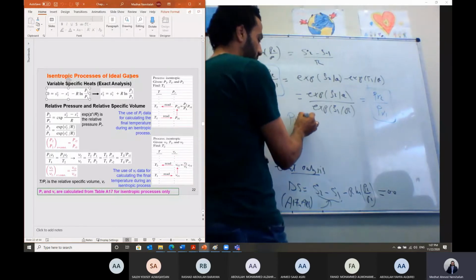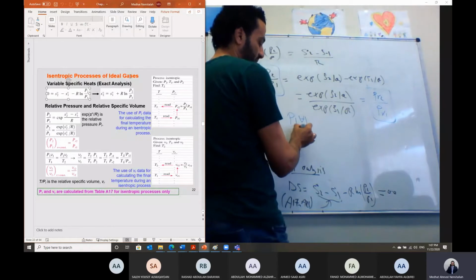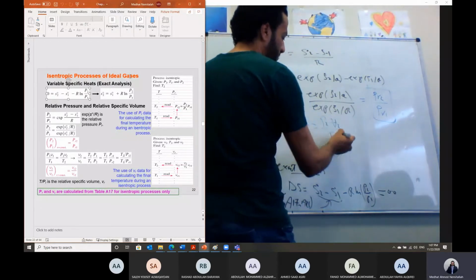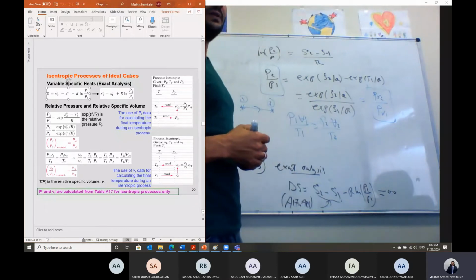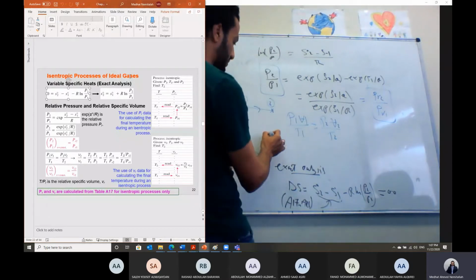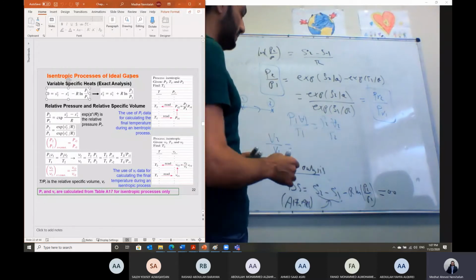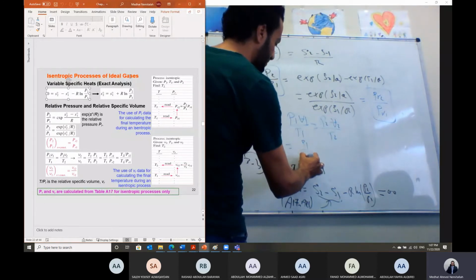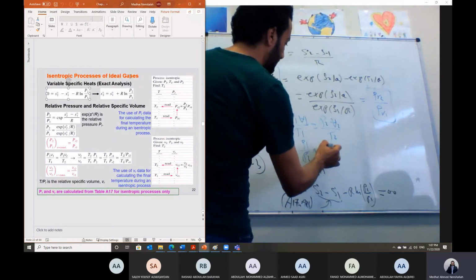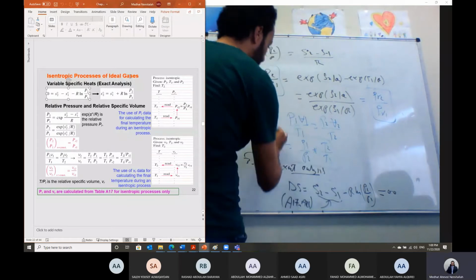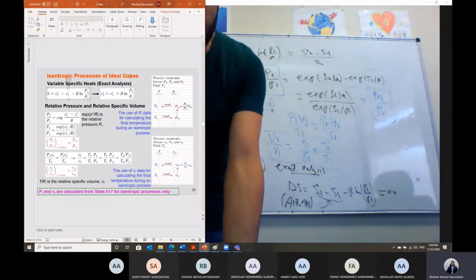Then we can say P1 V1 divided by T1 will equal P2 V2 divided by what, guys? Divided by T2. But can we get the relation of V2 divided by V1? V2 over V1 will equal P1 divided by P2 multiplied by T2 divided by T1. Okay?